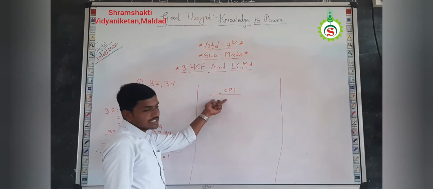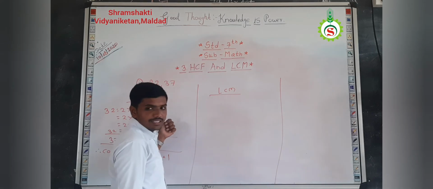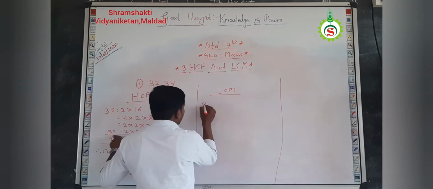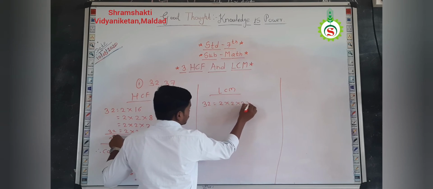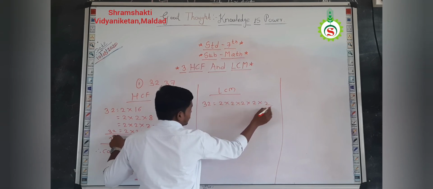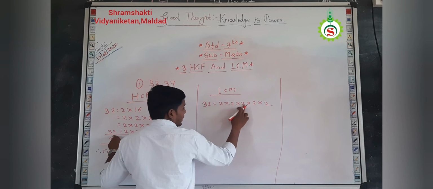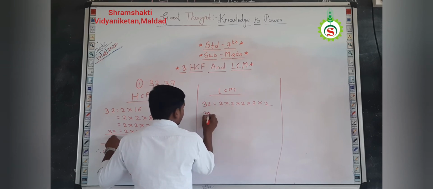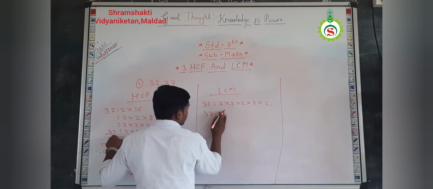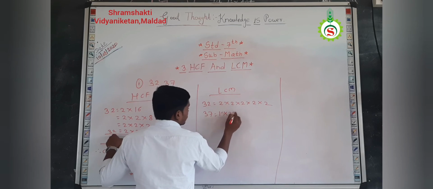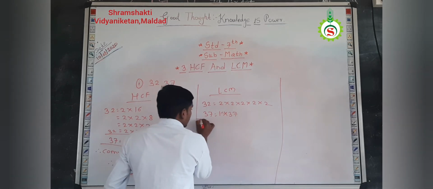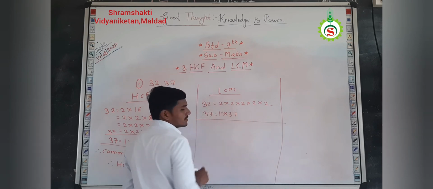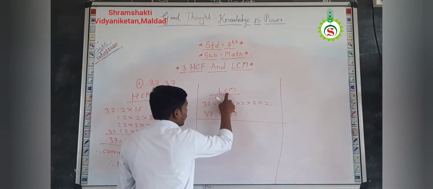For finding the LCM, again I will use the horizontal method, that means again factors. So the factors of 32 are 2, 2 2s are 4, 4 2s are 8, 8 2s are 16, 16 2s are 32. 4, 8, 16, 32. And for 37, 1 into 37. Now, for finding the LCM, what do I have to take? Least common multiples.